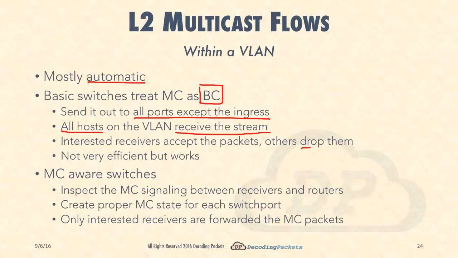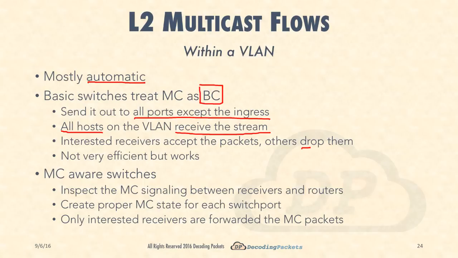Now, there can be multicast aware switches. These are switches that actually inspect the multicast signaling. So think of it like a firewall. As the receivers are signaling the routers, the switches are sitting between the receivers and the routers, and they inspect this multicast signaling. What the signaling is, is the rest of the lecture, so I don't want to get ahead of myself, but there is information contained in that signaling.